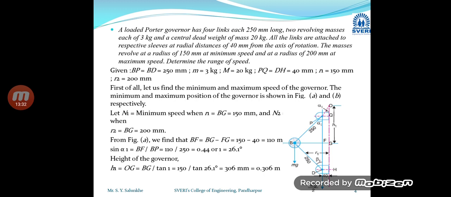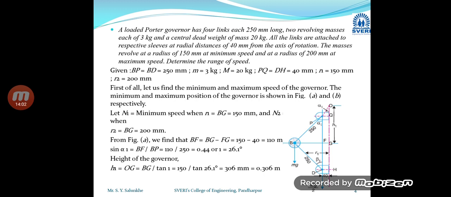So let us see what is given in this problem, how the problem statement is. This problem states that a loaded Porter governor has 4 links, each of 250 millimeter long. In this case also, the length of each arm is the same. 2 revolving masses, each of 3 kg, and a central dead weight of mass 20 kg.